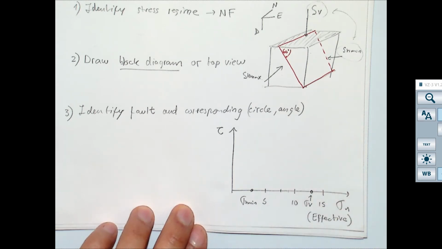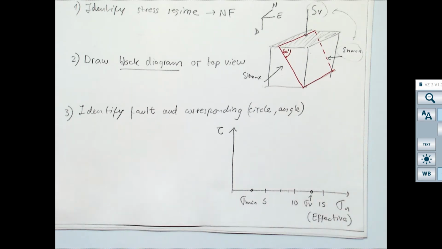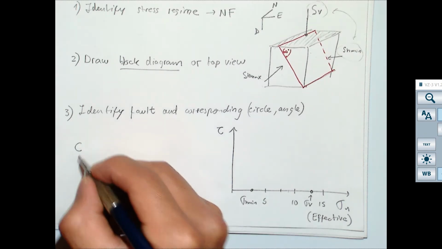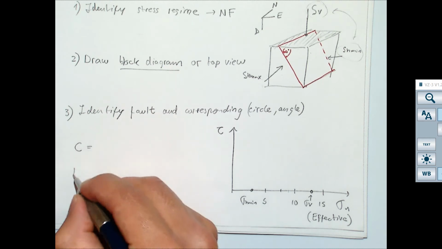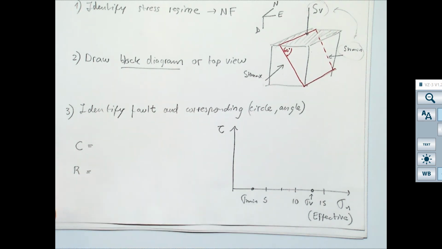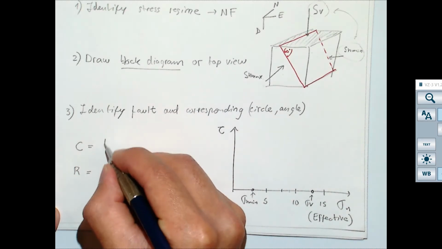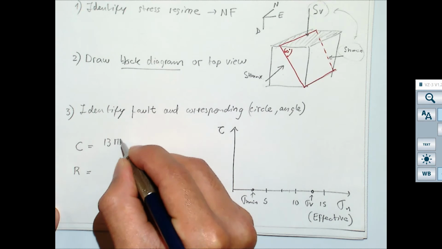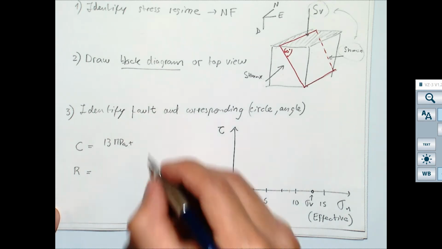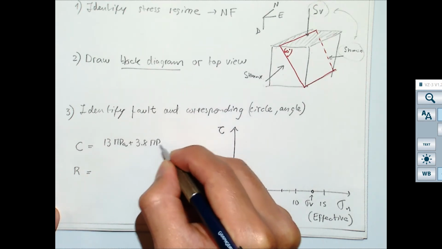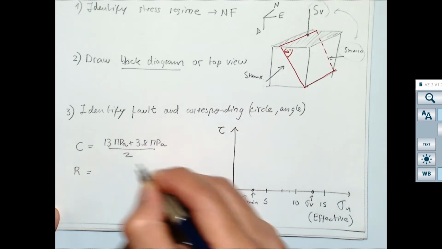Before guessing, let's do some math, because you're going to have to do it anyways. Remember that for any circle, we can compute what is the center and what is the radius. The center is going to be the average of these two numbers. So in this case, sigma V, we said, is 13 MPa. Sigma H mean is 3.8 MPa, divided by 2.